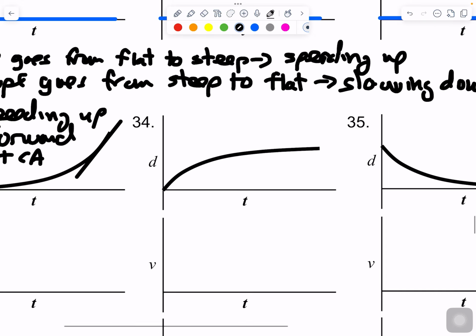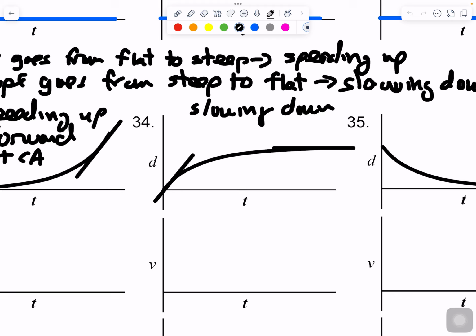Whereas 34 is going steep to flat slope. Now the object is slowing down. Slowing down, going forward. I know it's going forward because it's still positive slopes. Well, this is negative, this is positive. These combine to give you negative constant acceleration.